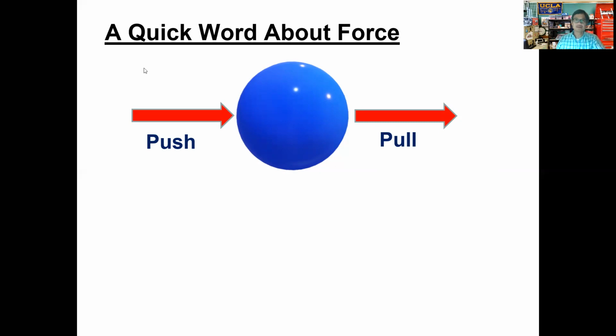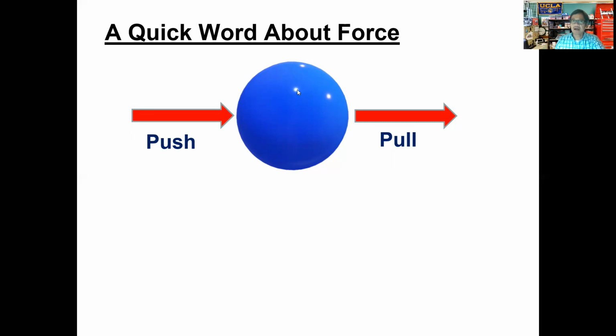So you can imagine this here. For this blue ball, I can come in and push on this blue ball. So I move my hand. The movement of my hand or my foot pushing on this ball is a force. Forces are simply a push or a pull that one object has on another.